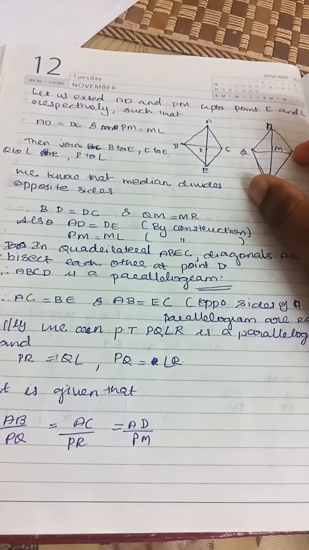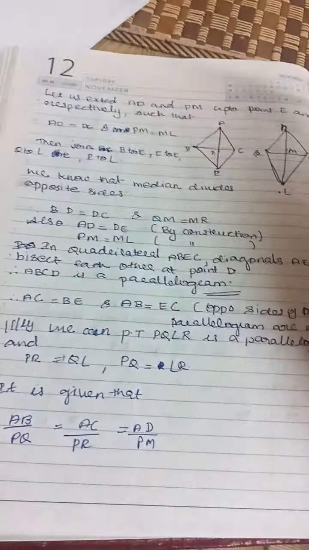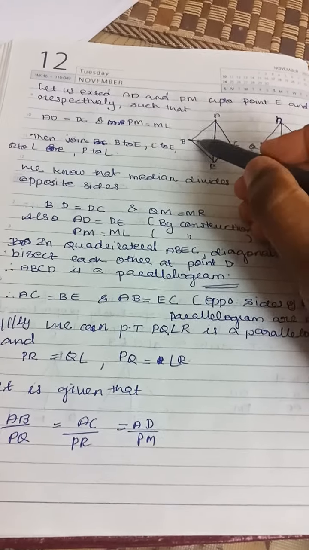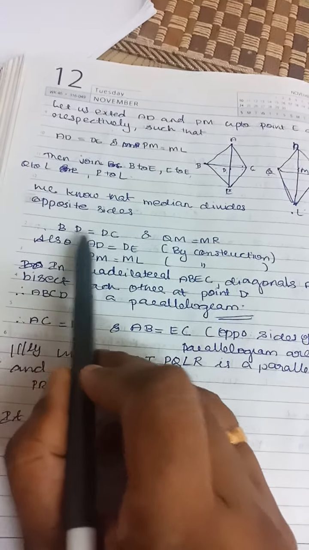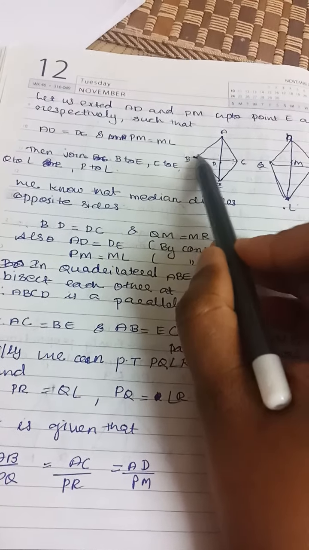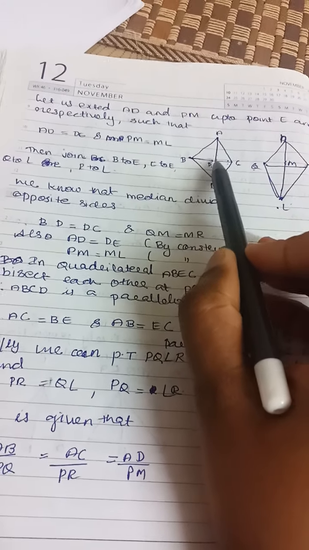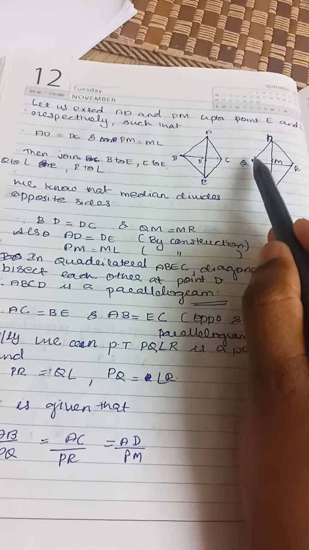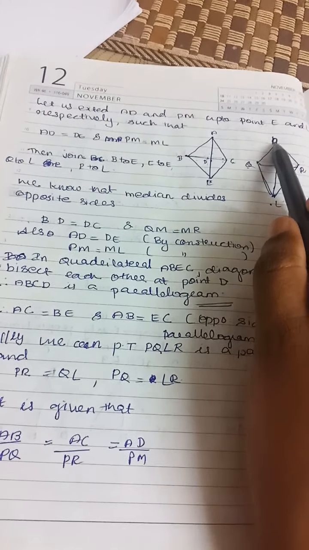Okay, so we know that a median divides the opposite side. So this median divides this side into equal parts, that I already told you. So we can write here BD is equal to DC. What is BD? From here to here, this length is equal to DC. So here also we can write QM is equal to MR, because this is a median.